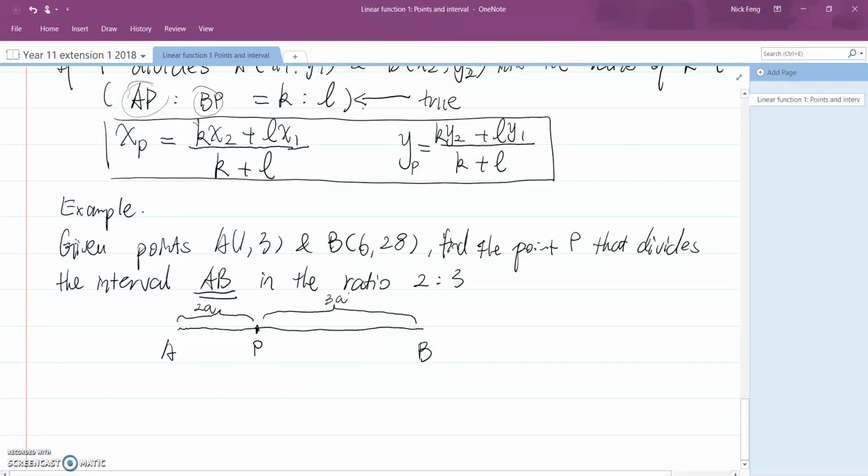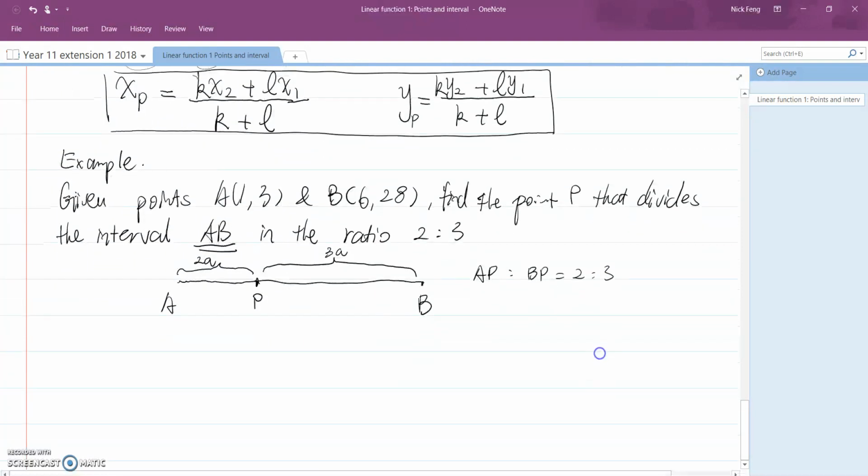Now, you girls know I am a maths nerd. I will not tolerate any inconsistency. So it's not that the actual length is 2 and the actual length is 3. I use 2A and 3A just to mean the ratio is always 2 to 3. So that means AP to BP equals 2 to 3 in this particular case, and it's very important to know this fact.